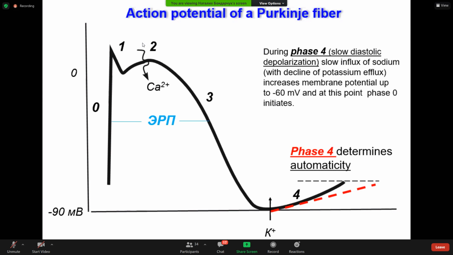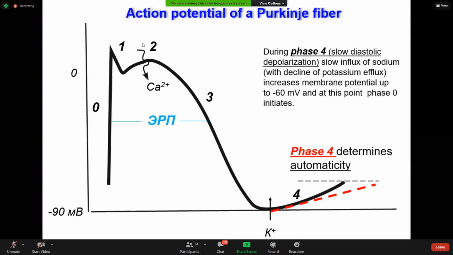So influx of sodium increases membrane potential up to minus 60 millivolts, and at this point phase 0 initiates. It is the threshold for initiation of the new action potential. So phase 4 determines automaticity.